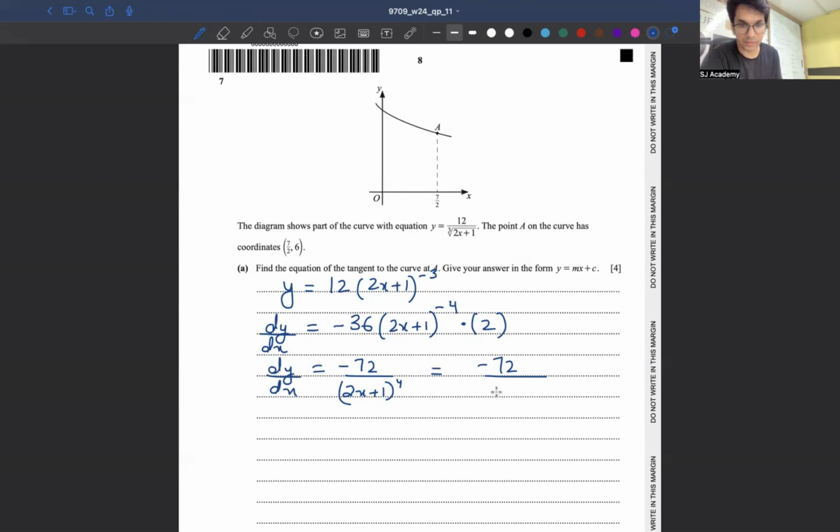So that will become 8 to the power of 4, that is equal to 4096. And then minus 72 divided by 4096 is equal to minus 9 by 512. So that is the gradient over here.